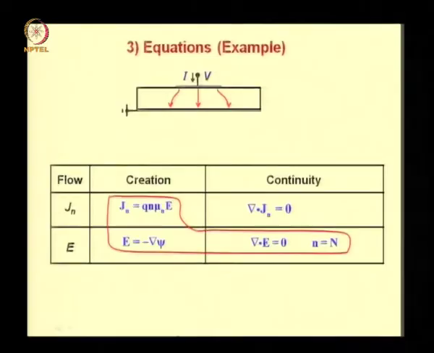Small n equal to capital N already because of our assumption of negligible space charge, and combining this equation and this equation gives you del square psi equal to 0. So del square psi equal to 0 and n equal to N are the 2 equations for us which will lead us to the model. The equation Jn equal to q n mu n into E is required to find out the current once we have solved the electric field from the equation del square psi equal to 0.